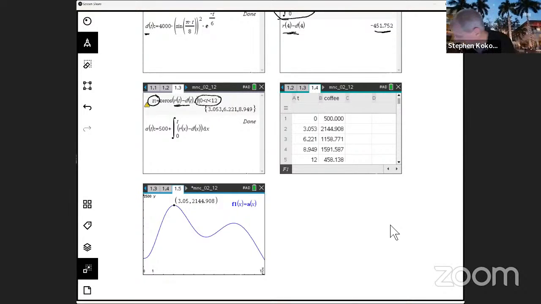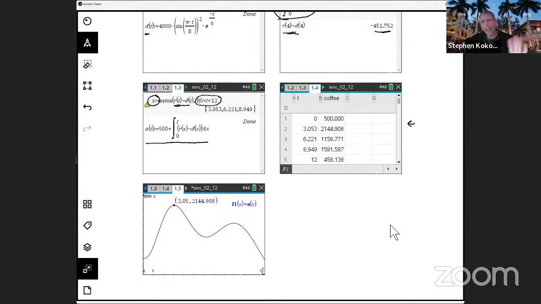Now, one more thing that I did here to get to my answer, to get to my candidates test, is I defined this function A, which represents the total amount of coffee in the urn, at any time t. And then over here on the right-hand side, Curtis, I went to a lists and spreadsheet page.